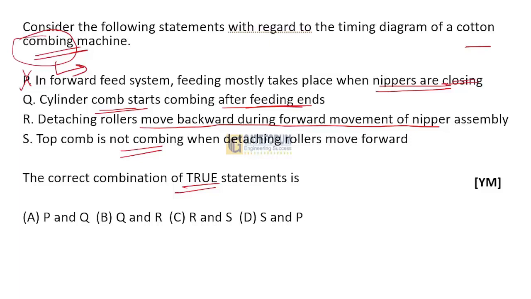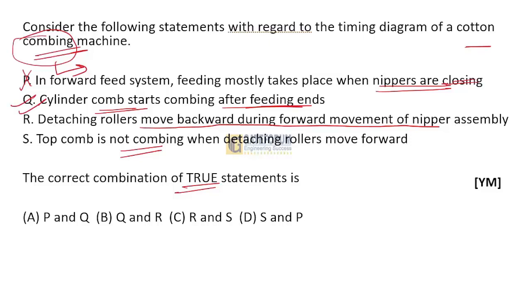The top comb and the detaching rollers work together to remove the combed fibers from the cylinder comb. So you can say that the cylinder comb starts combing after feeding ends. So option Q is correct.